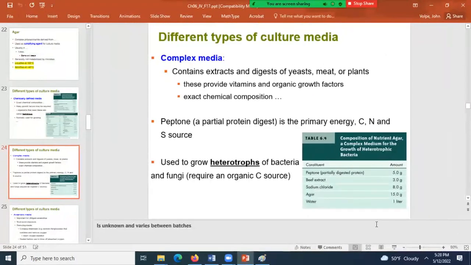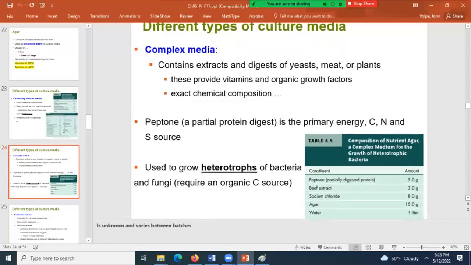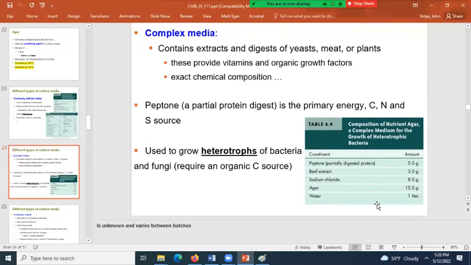There are also complex media, and these media contain extracts that are usually digests or extracts of yeast, meat, or plants. For example, this media here, which is nutrient agar, contains peptone, which is a partially digested protein, beef extract, so they just ground up the cow and made a powder of it.